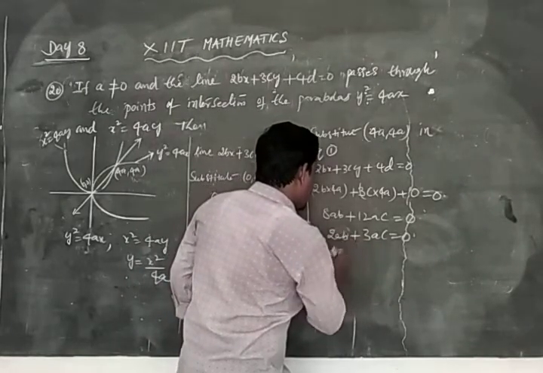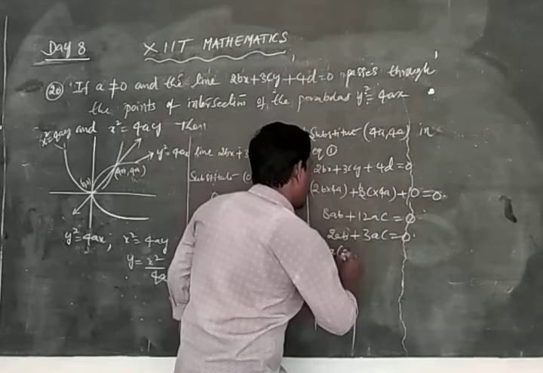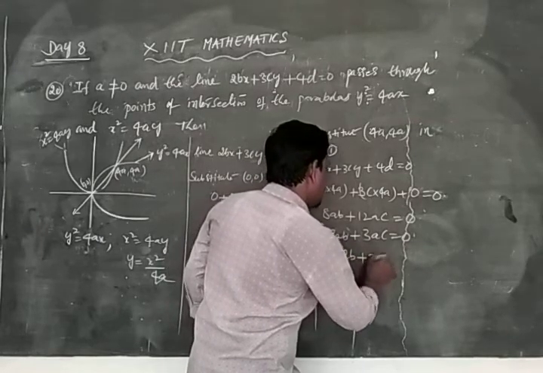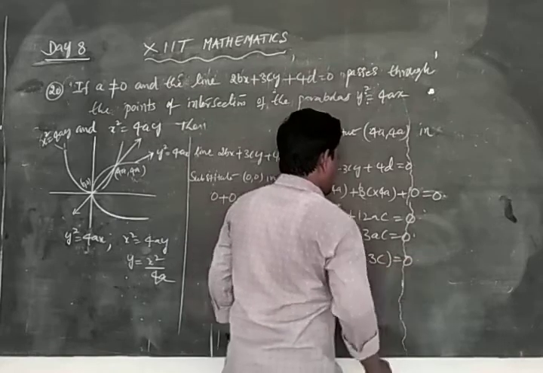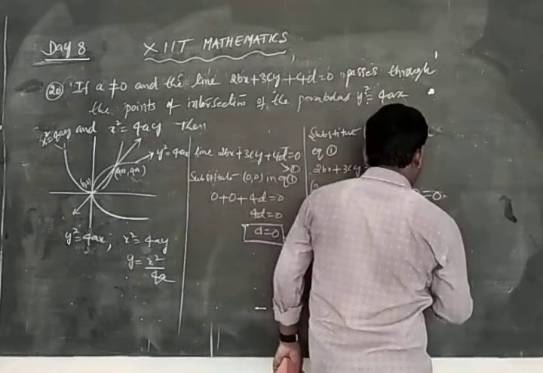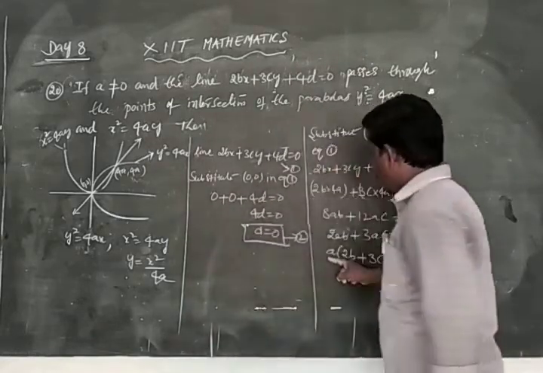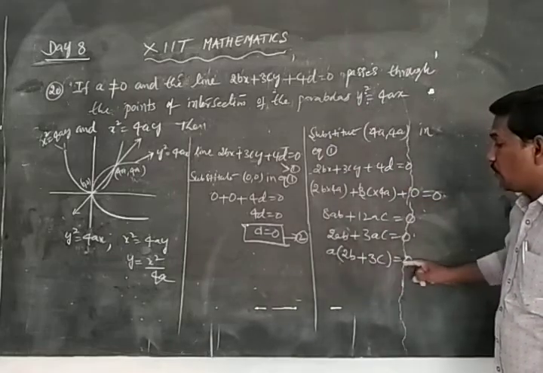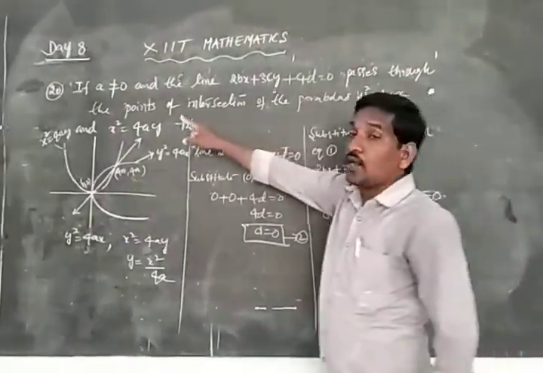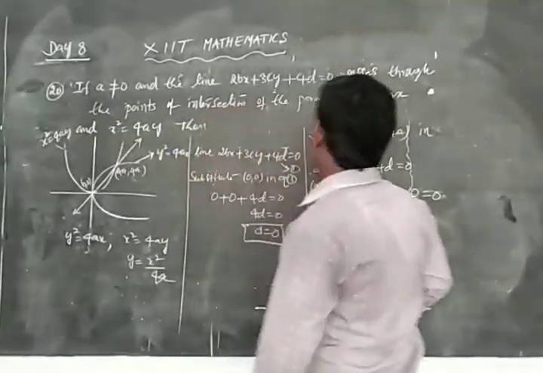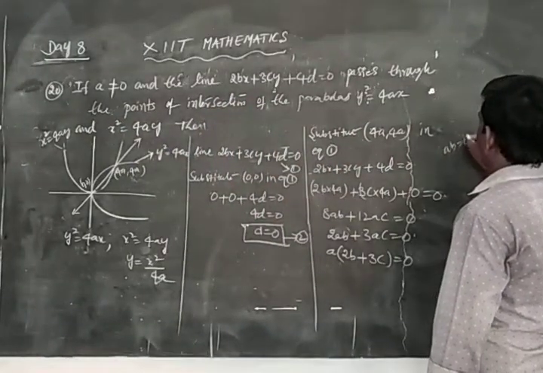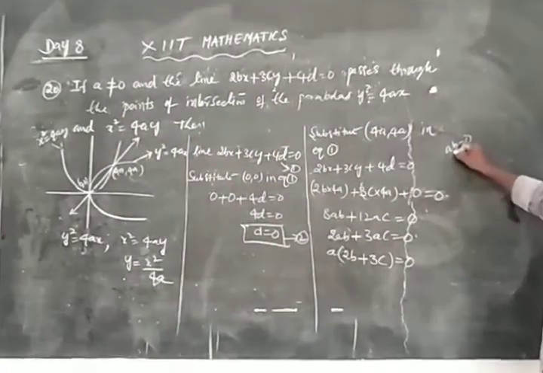2ab plus 3ac, so a is the common one. a into 2b plus 3c equal to 0. Here what is the condition? a not equal to 0. If ab equal to 0, either a equal to 0 or b equal to 0.